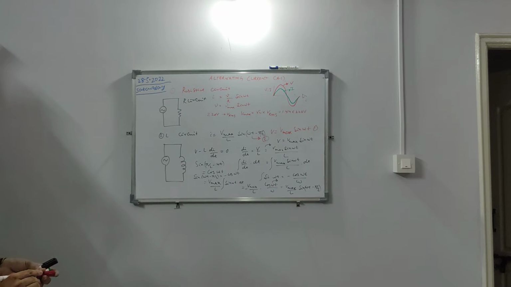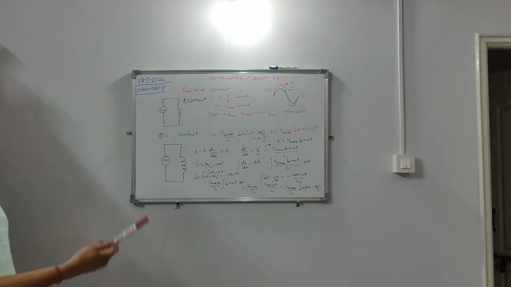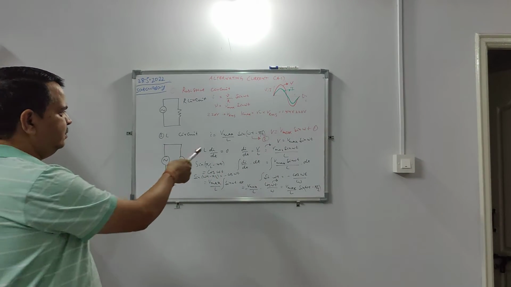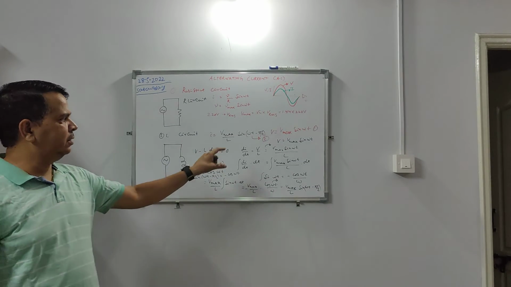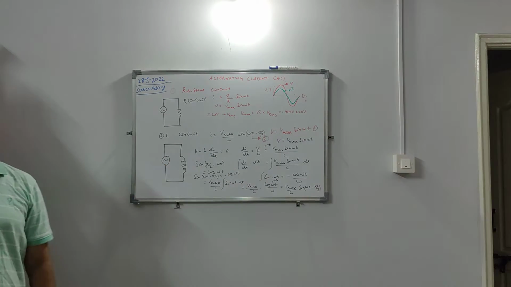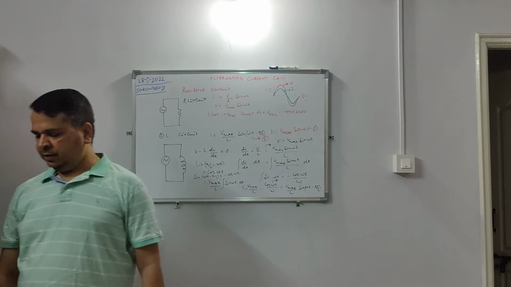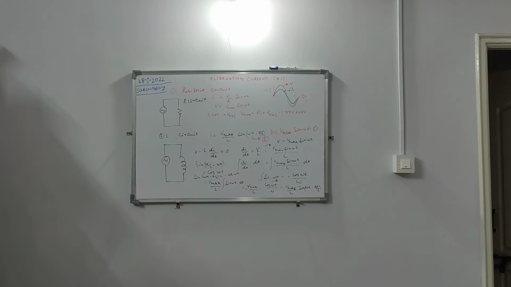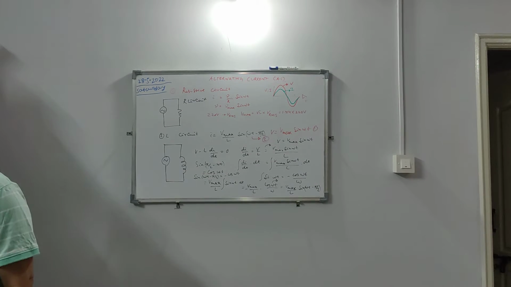What you are able to interpret from here is that the current is lagging the voltage by an angle pi by 2. After deriving, we have concluded that the current is lagging the voltage by a phase angle of pi by 2. You can take a picture of this.